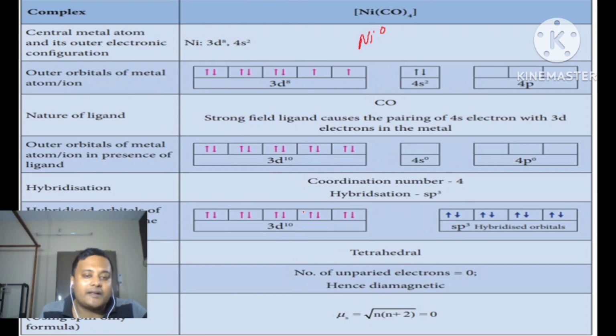All 10 electrons are in paired-up condition in the 3d subshell. Now how many ligands? 4 ligands, so 4 boxes we need. That's why the hybridization is sp3. Sp3 means the shape is tetrahedral, no unpaired electron, so it is diamagnetic. And to find the magnetic moment, remember the formula: square root of n(n+2), where n is the number of unpaired electrons.